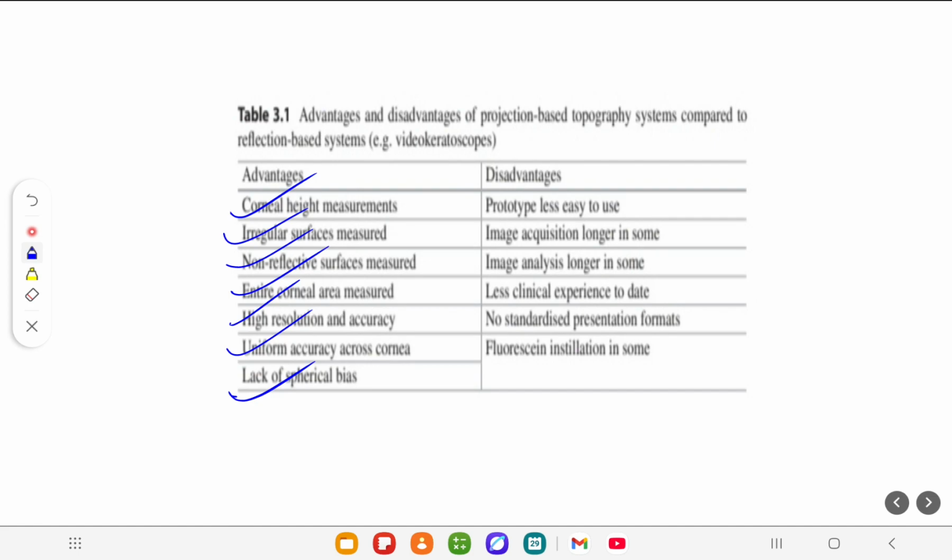We suppose that the cornea is a sphere, isn't it? Disadvantages: prototype, less easy to use, image acquisition takes a long time, no standard presentation format, fluorescent installation. In some cases it is used, but it's just for historical purpose, isn't it?